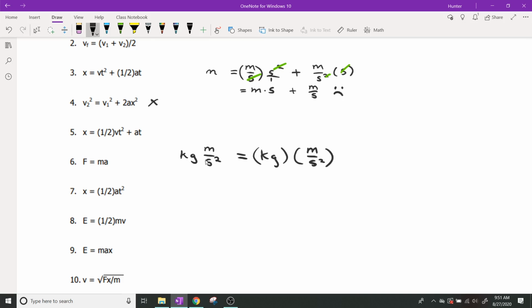So on the left side, you get kilogram meters per second squared. On the right side, you get kilogram meters per second squared. So that one is a okay. Foot pound, we use Newton meters, but a Newton meter is an actual thing. Foot pound is an engineering word for torque. In physics, the word for torque is Newton meter.